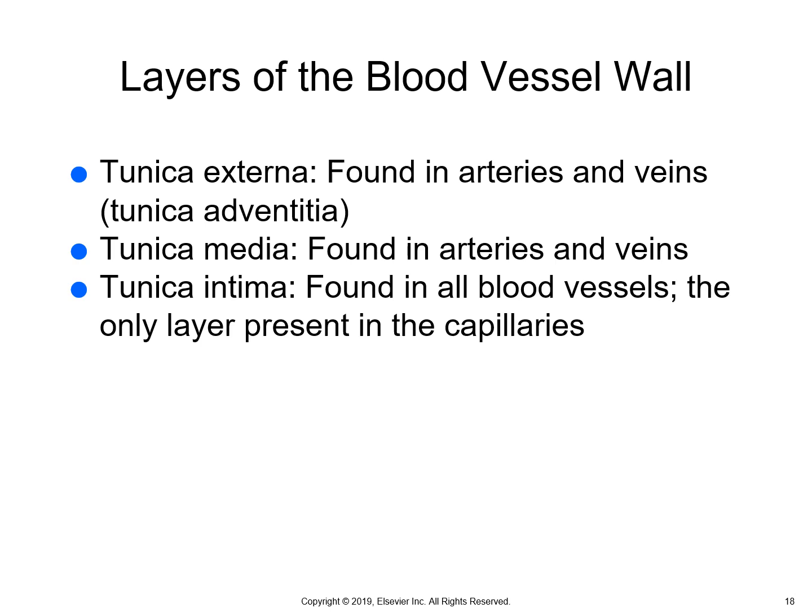The first one listed here is tunica externa, also known as tunica adventitia. The outermost layer of blood vessels is made up of this type of connective tissue, and it provides not only strength but also flexibility. It's found in arteries and veins, but it's thicker in veins to help anchor them in place.